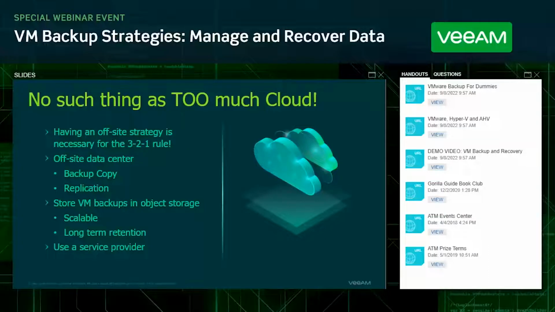where you'd have to do a scale-out repository with a public cloud. Is one better or worse than the other? The answer is no, they're doing the same thing. Replication, on the other hand, you can do to a Veeam Cloud Service Provider, where you cannot do that to the public cloud.